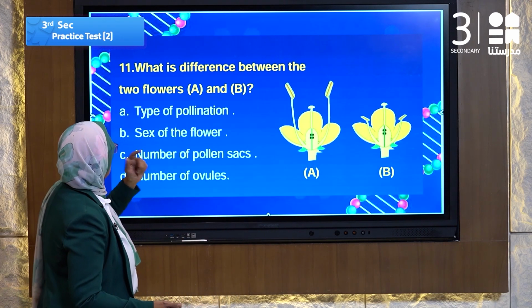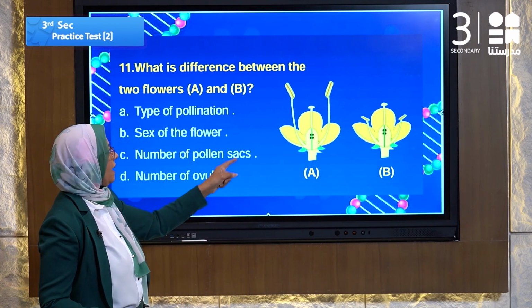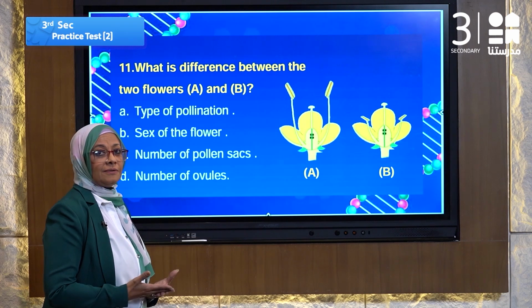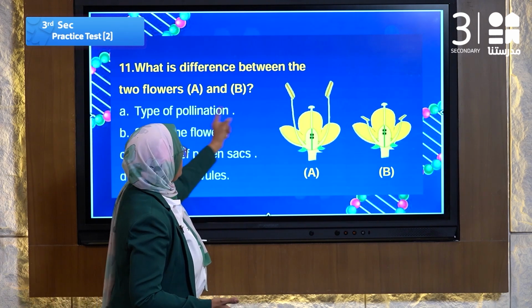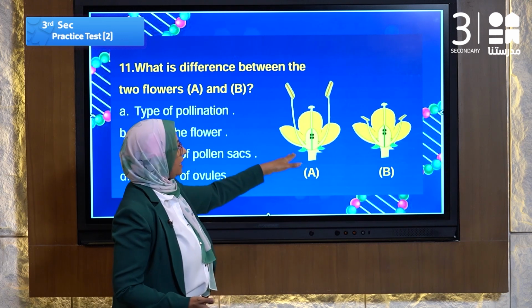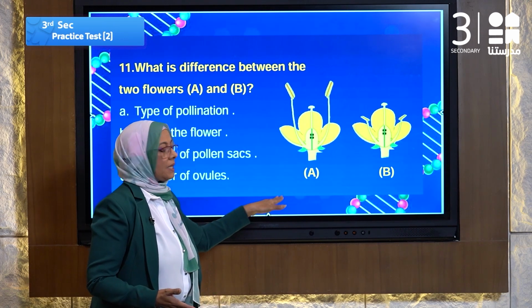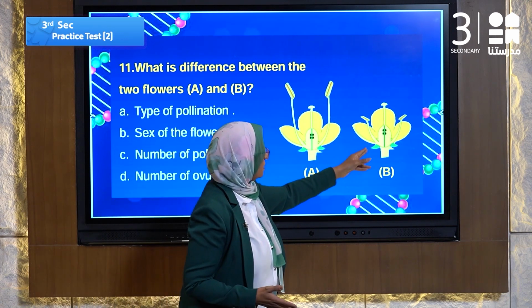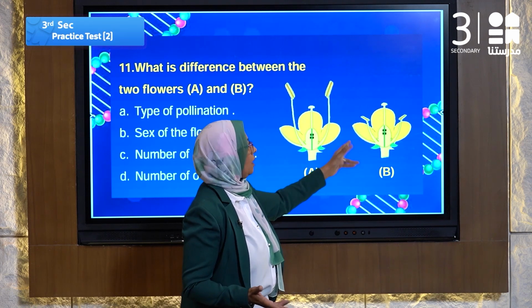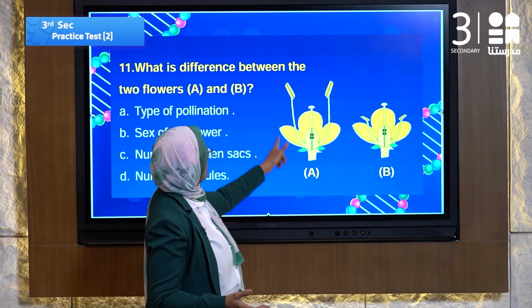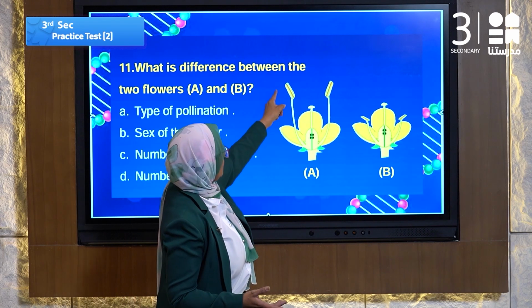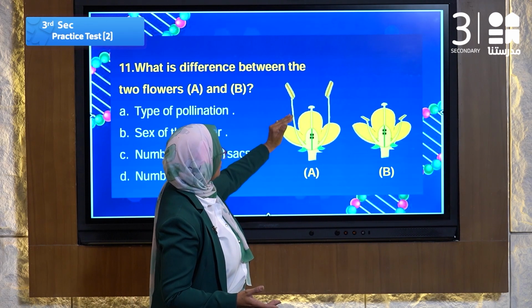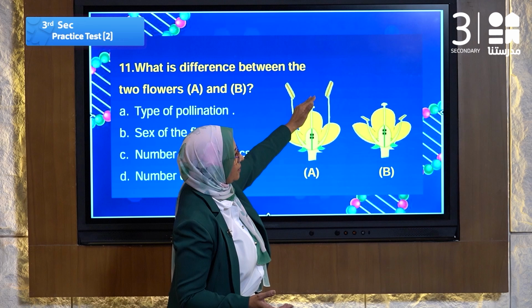So what is the difference between A and B? It must be the androecium. Okay, type of pollination. The type of pollination here depends on the flower. The second one, A, is a self-pollination flower because the stigma is shorter than the anther.